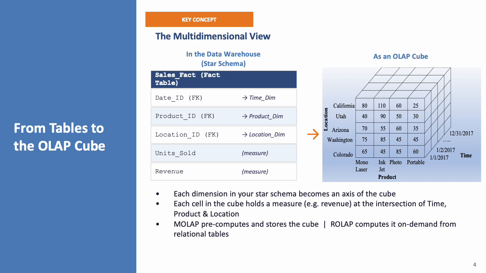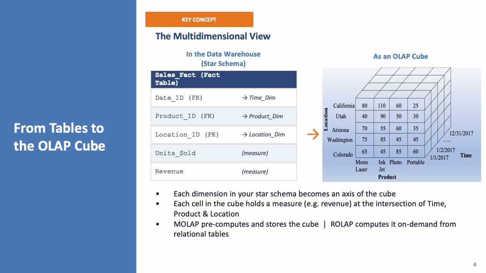Now, what OLAP does is take those 3 foreign keys and treat each one as an axis in 3-dimensional space. Look at the cube on the right side. Time becomes one axis. Product becomes a second axis. Then location becomes the third axis.